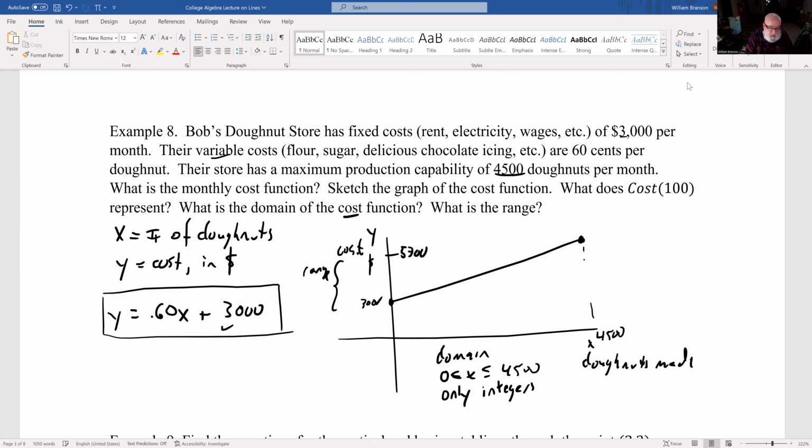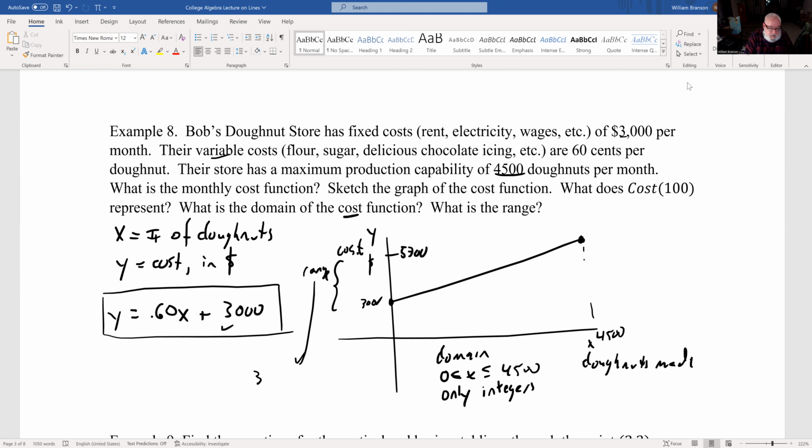So the range is 3,000 is less than or equal to y is less than or equal to 5,700. And that's an increment of 60 cents. So I'm not going to actually say that, right?